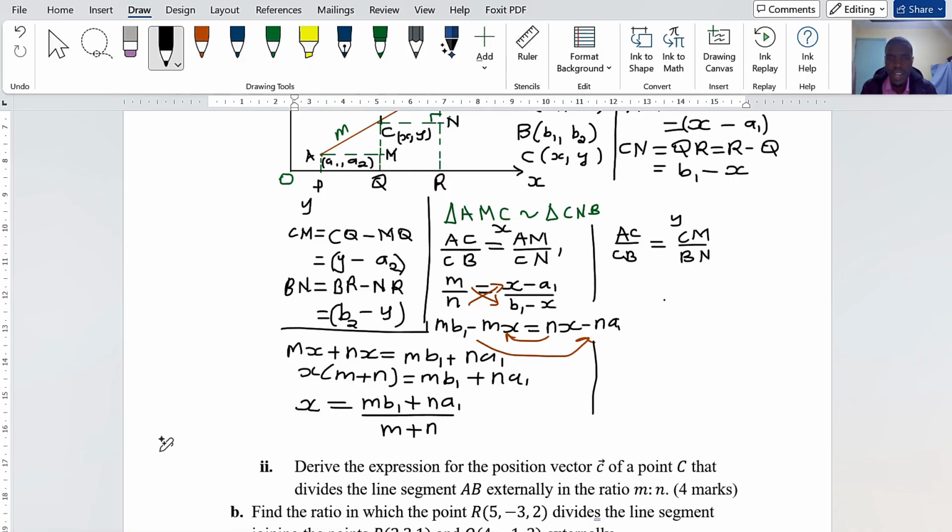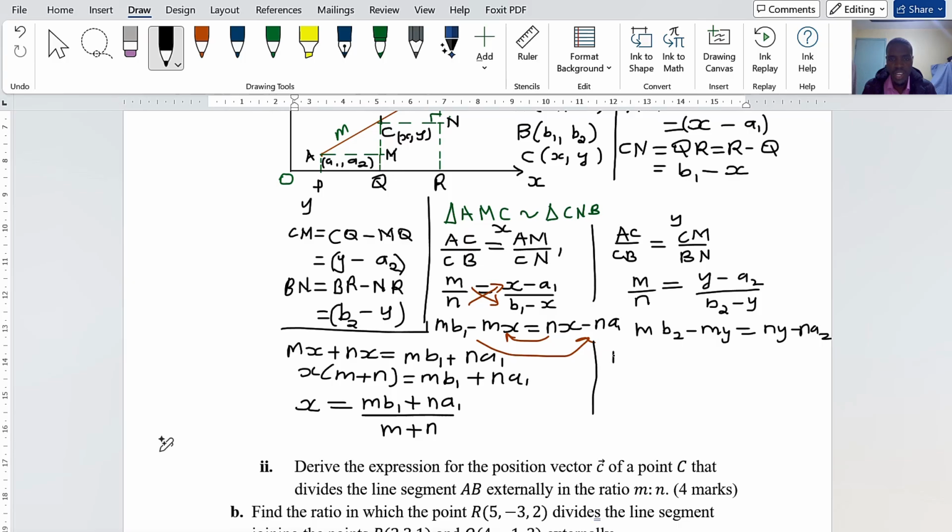Now let's find y on this next ratio here. AC over CB is still m over n, which equals CM, which is y minus a2, divided by BN, which is b2 minus y. When you cross multiply, you'll have m b2 minus m y, which is exactly equal to ny minus n a2.